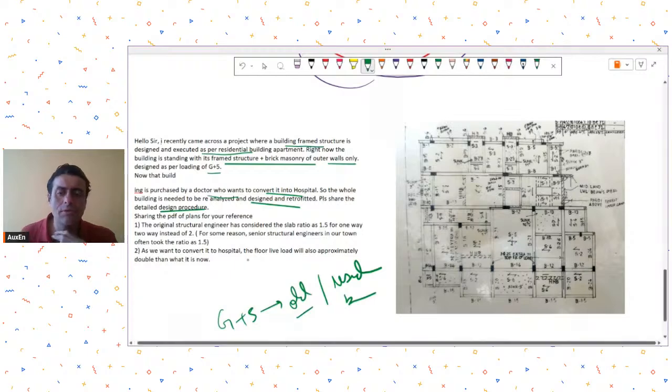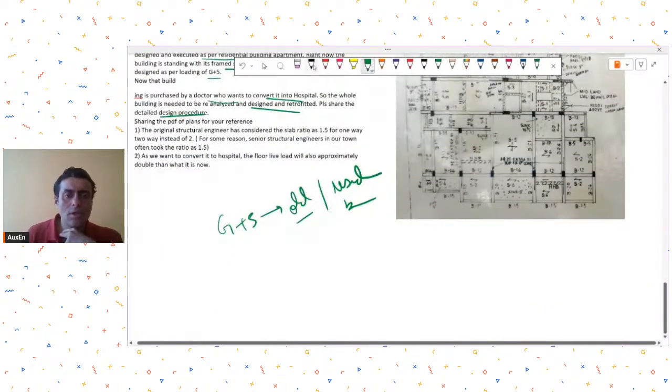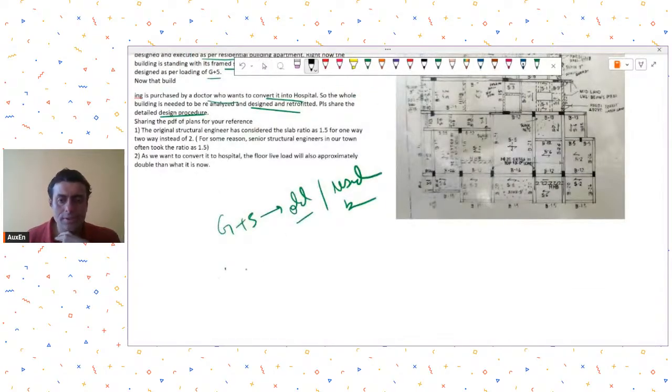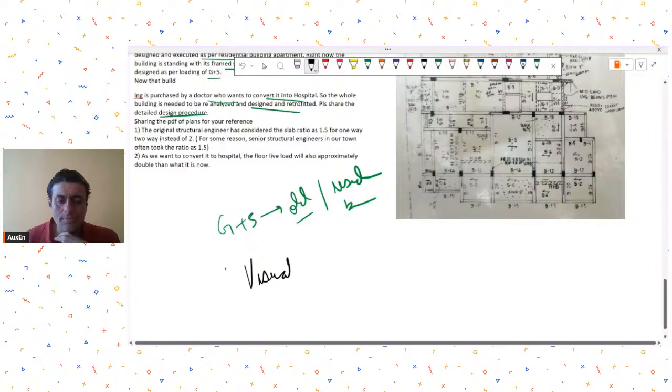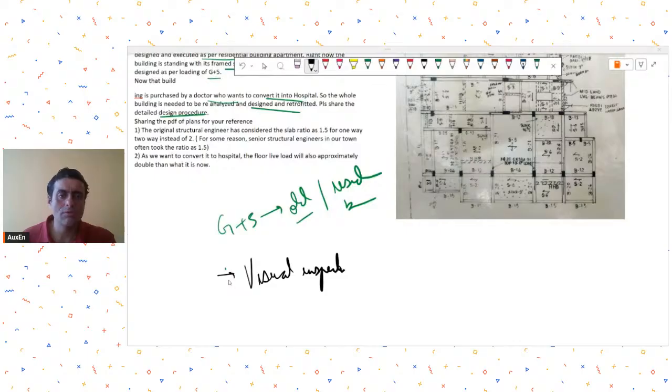So the design procedure will be simple. You already have the as-built drawings, so that part is done. Now you do the visual inspection. How old is it? I don't know how many years old it is. So you do some visual inspection.